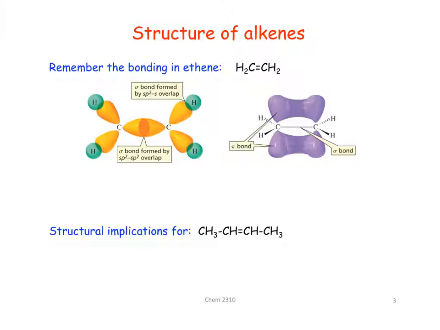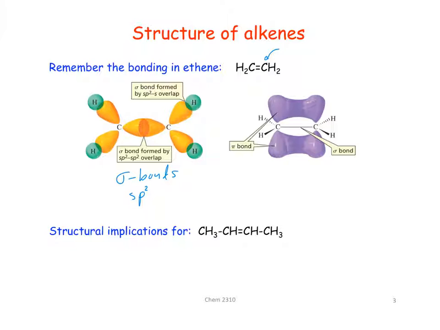So remember, when we form a carbon-carbon double bond, the carbon here needs to have 3 equal bonds. 3 bonds, 1 for the carbon and 2 for the hydrogens to start off. And those are made up of sigma bonds. Because we need 3 of them, we need those carbons to be sp2 hybridized.